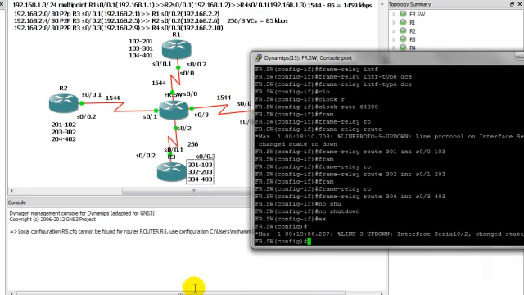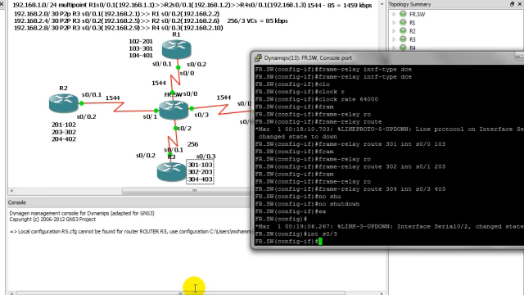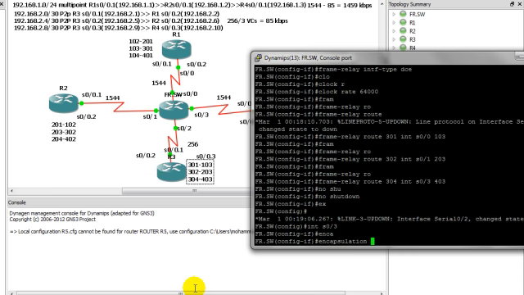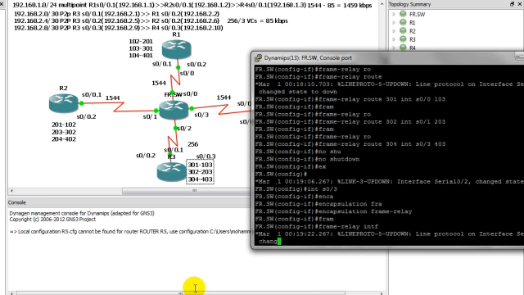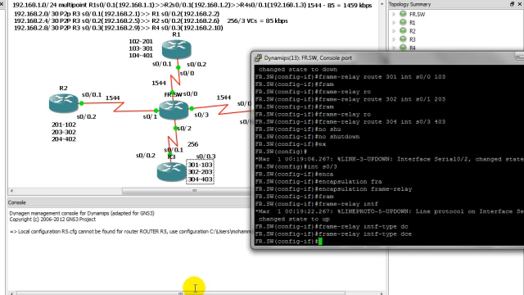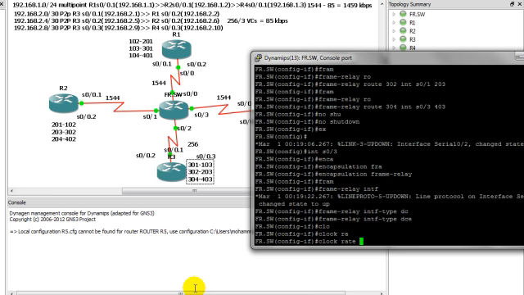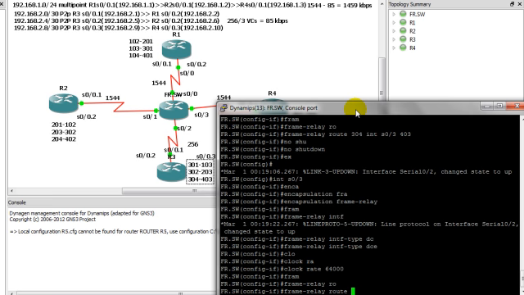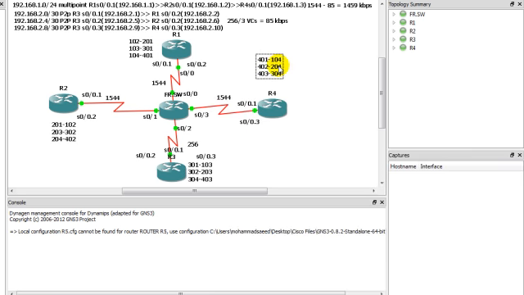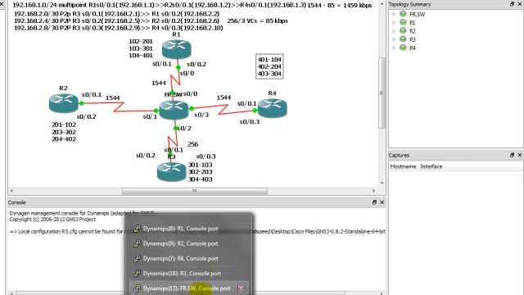Go to the interface serial 0/3 with encapsulation frame relay, interface type DCE with the clock rate. Yes. Now frame relay route, I want to configure with these DLCs, just to see it.